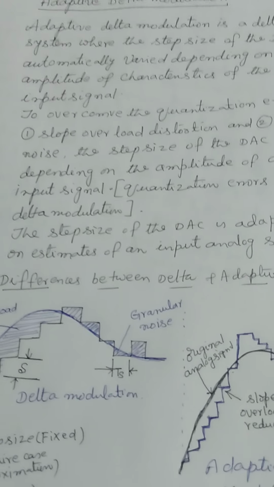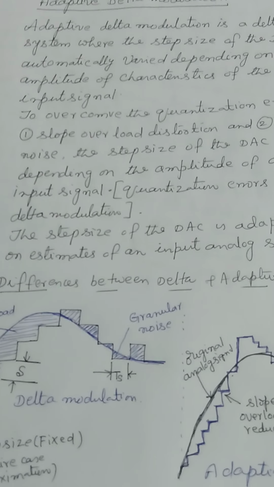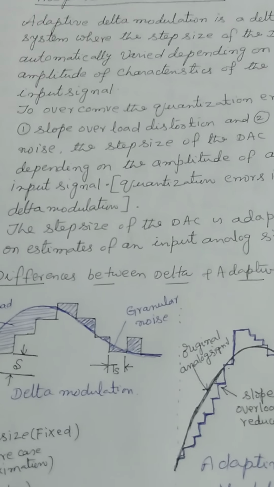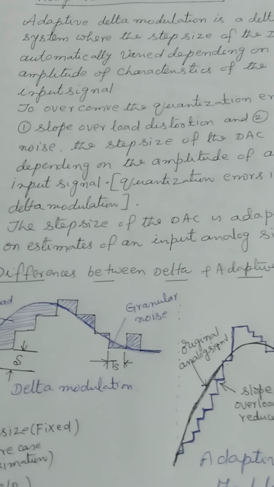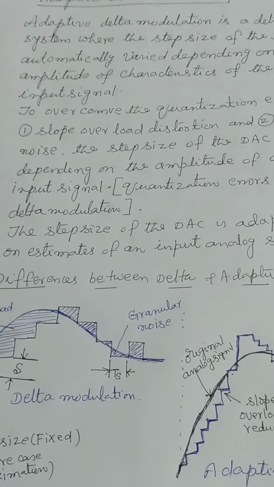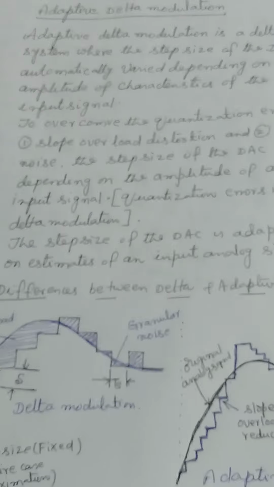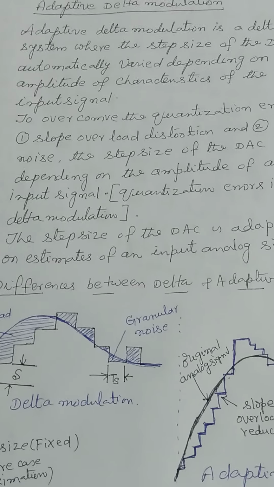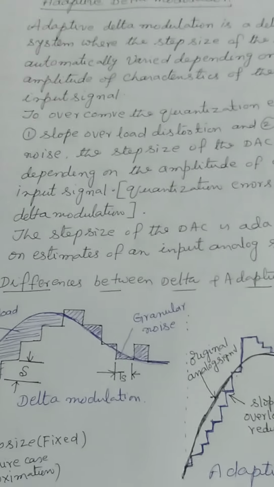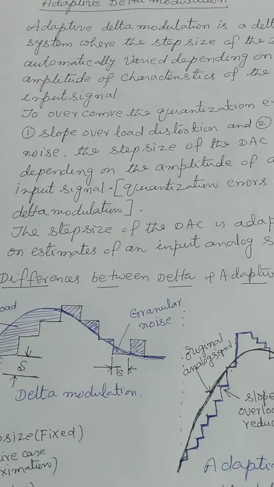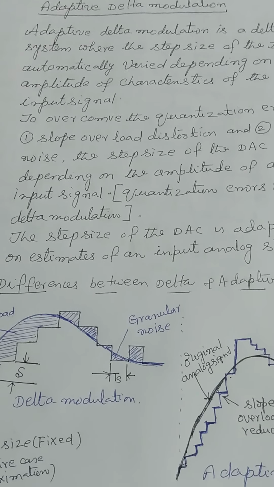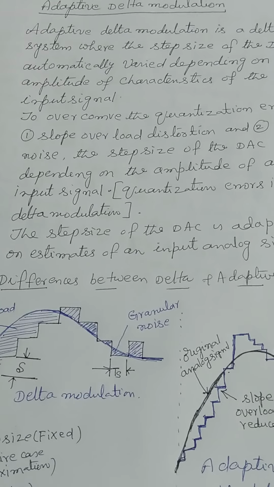Yesterday we observed two errors, also called quantization errors: number one, slope overload distortion, and number two, granular noise. These two noises occur in delta modulation because of the fixed step size.